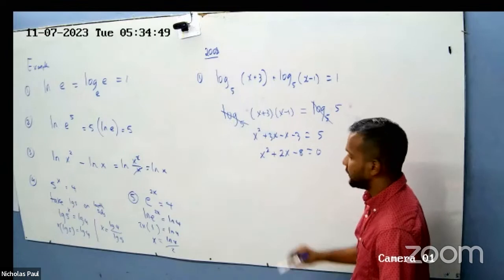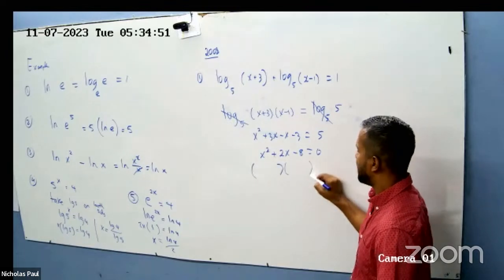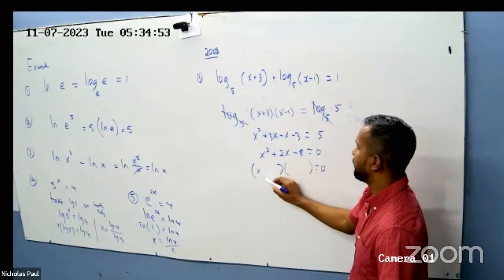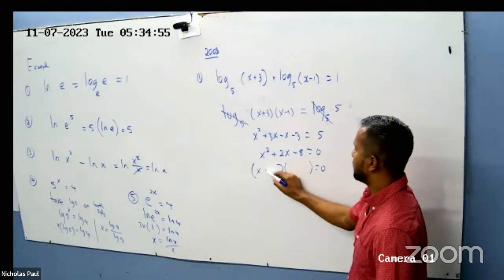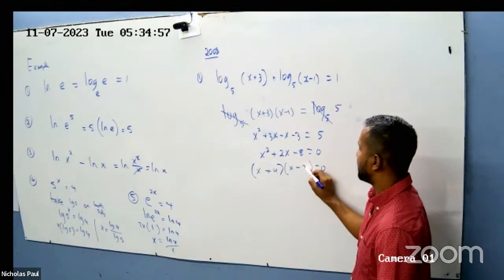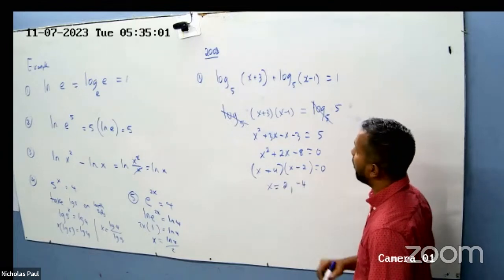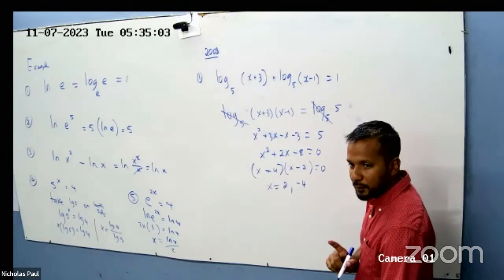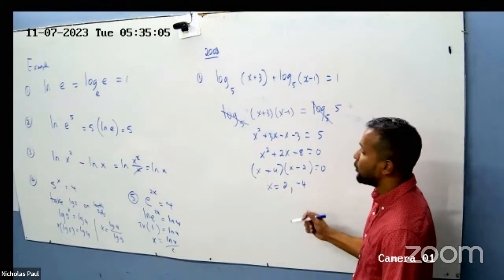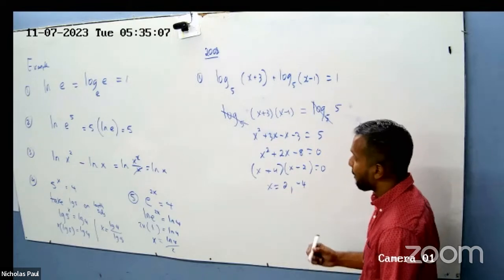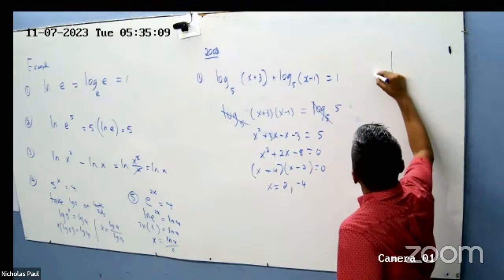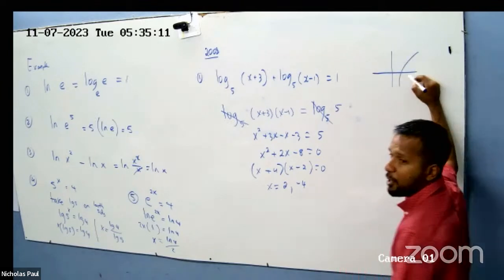And you solve it, right? Most likely you could probably factorize. X is positive 2, x is minus 4. So we got 2 and minus 4, but we have a slight problem. What's the slight problem with the two answers? If you remember the log graph, right?